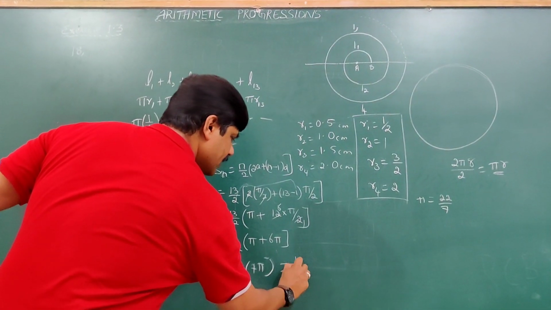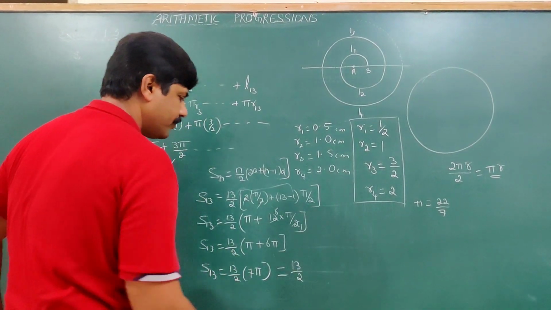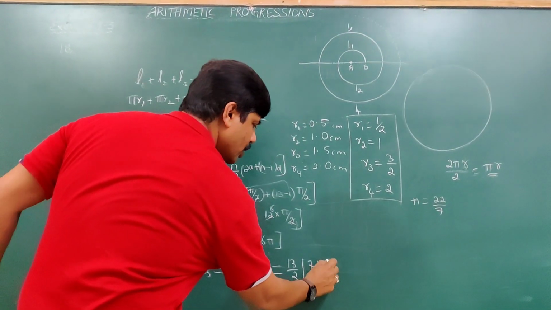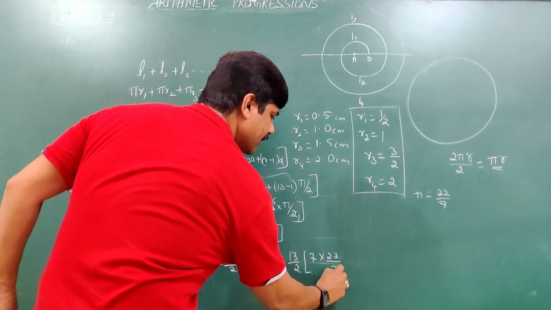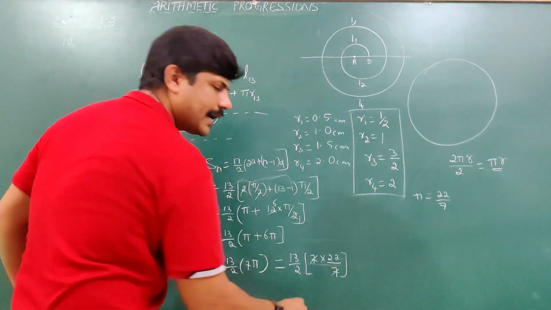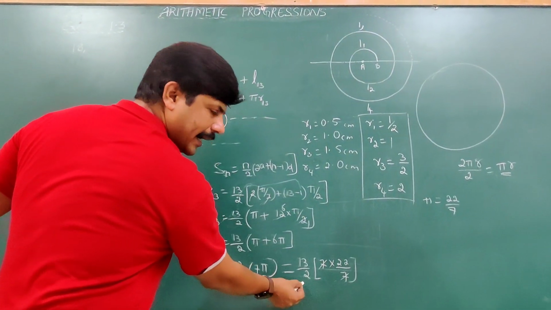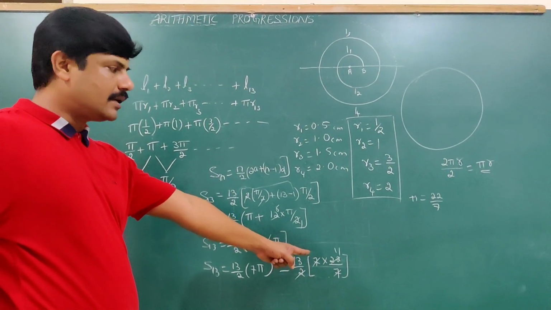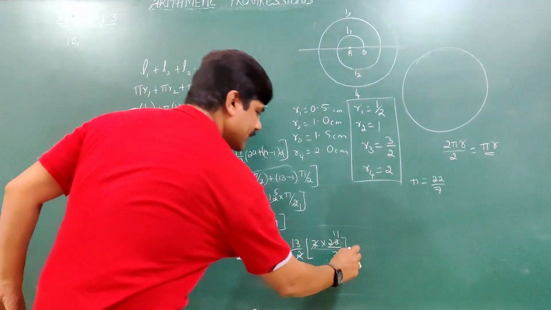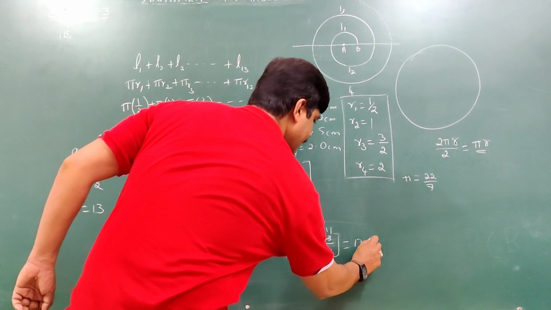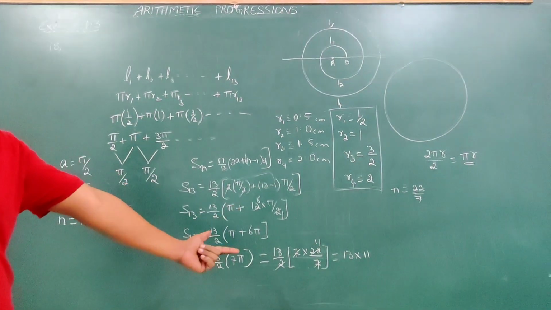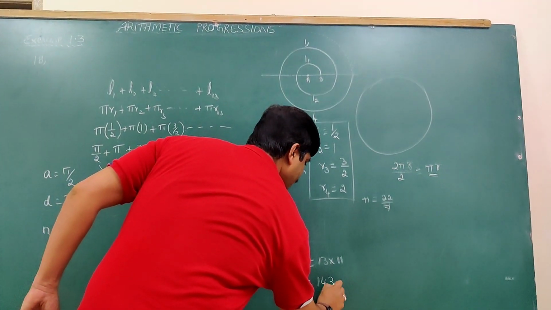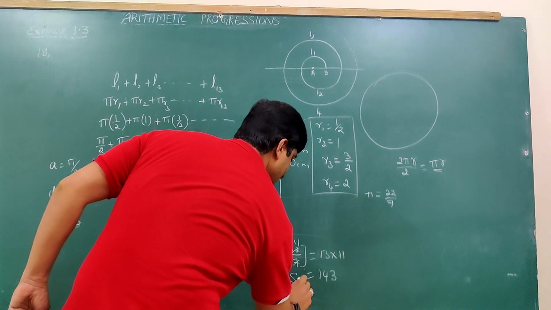Thus it becomes 13 by 2 into 7 into 22 by 7. The 7 gets cancelled. 22 by 2 is there, 2 times 11 is 22. And thus we have now 13 into 11. What is 13 into 11? 143.